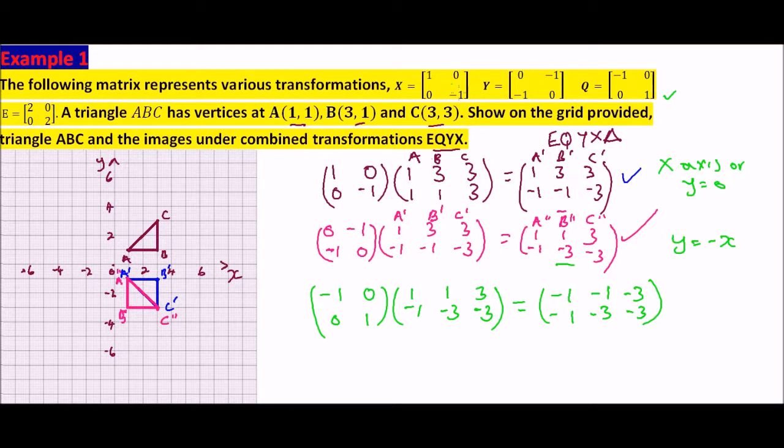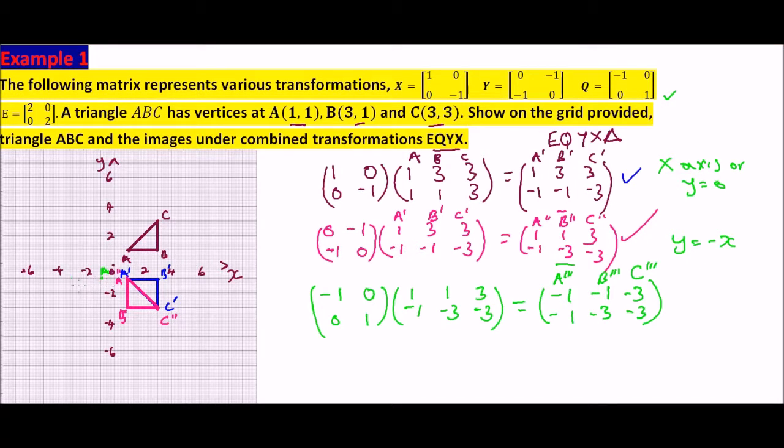So we can identify these points. This is our new A, this is our B triple prime, and this is our C. Our A is at minus 1, 1. This is where we have minus 1, 1. So that is where we have our A. Minus 1, 3 is at this point.